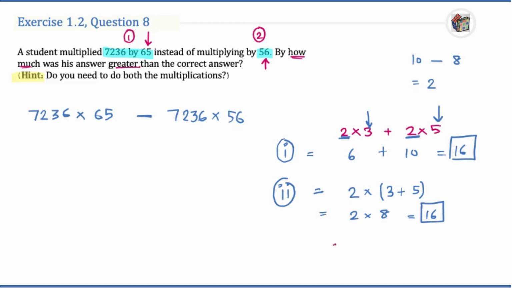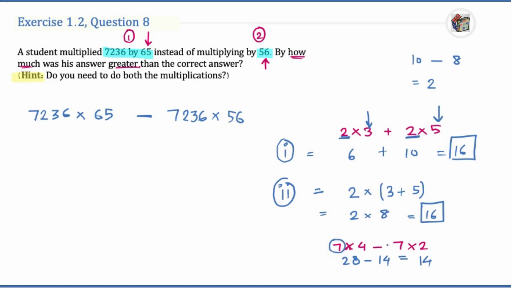Suppose you see this. So you have 7 multiplied by 4 minus 7 multiplied by 2. Now method number 1 is when you actually multiply both of them. So that will be 28 minus 14, and that will be equal to 14 when you subtract. And method number 2, as I told you, take out the common number.